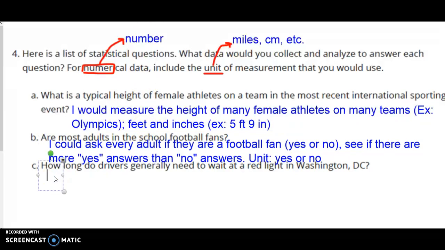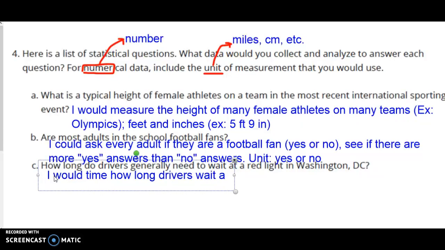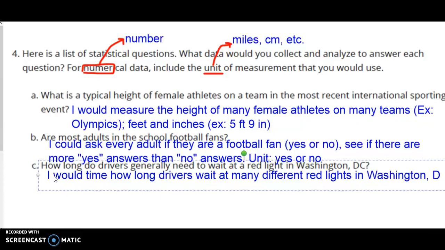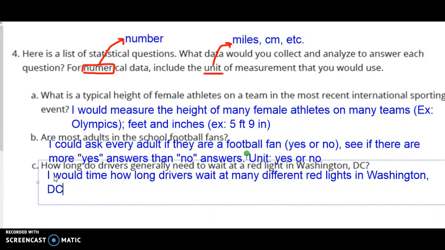Okay, let's talk about C. How long do drivers generally need to wait at a red light in Washington, D.C.? So this is asking about time. So if I'm going to measure time, I would have to time how long drivers wait at many different red lights in Washington, D.C. And then I would have to compare all of those measurements.